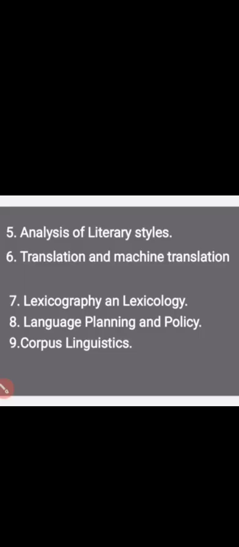We have to stand for a while about the terms lexicography and lexicology. Some students make confusion between them. Both areas of lexicography and lexicology are related to the study of words, but they have distinct focuses and purposes.